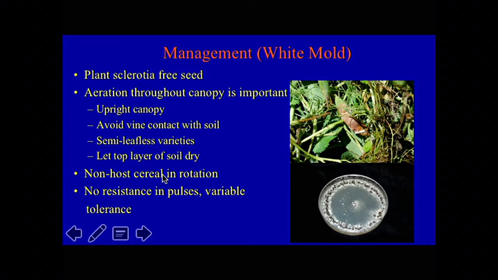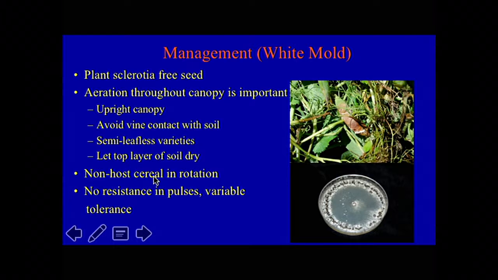White mold is a generalist as far as all the different crop plants that it can infect. It will infect all the pulses, and it infects a number of different canola and mustards and other things that can be grown in rotation. The only real non-hosts are cereals, your wheat and your barley.